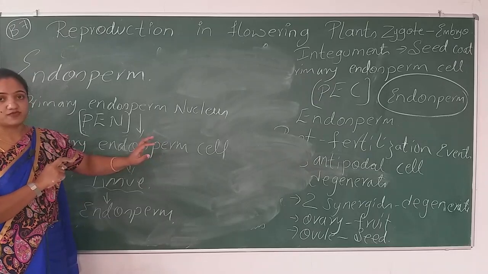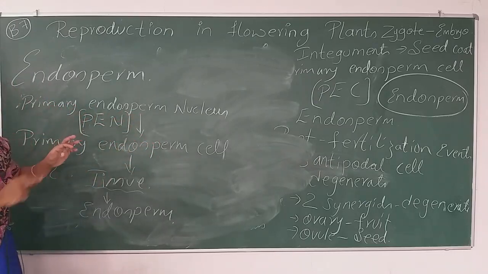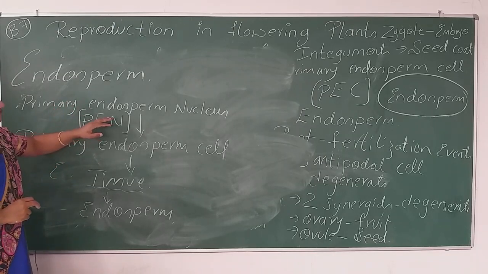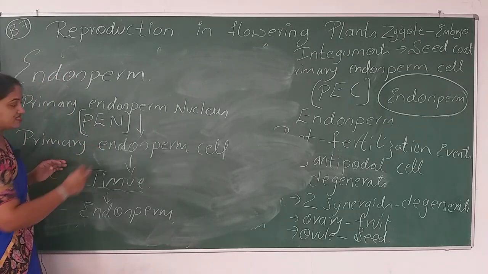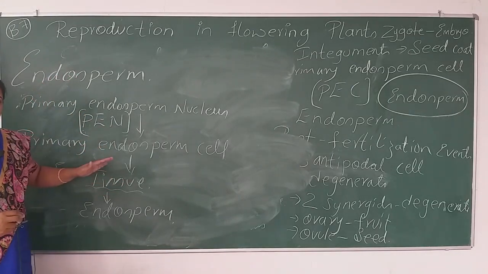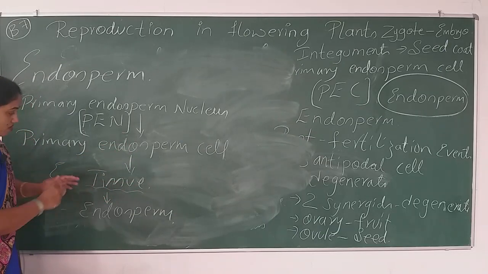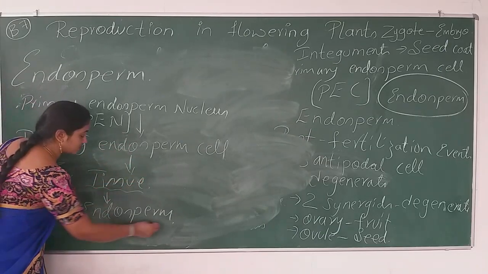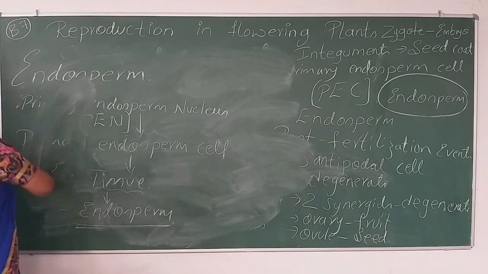Why are we calling it the primary endosperm cell? Because it is having PEN. Why did it become PEN? Because it fused with the male gamete. So this one cell takes multiple divisions and converts into tissue. That tissue is known as endosperm now.